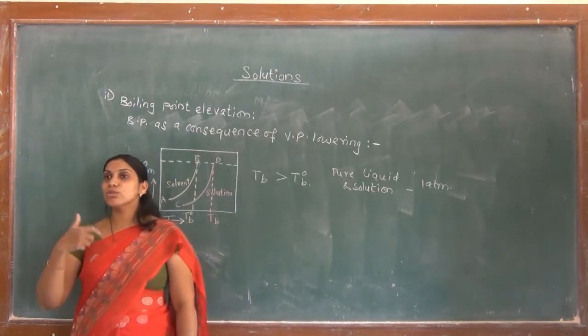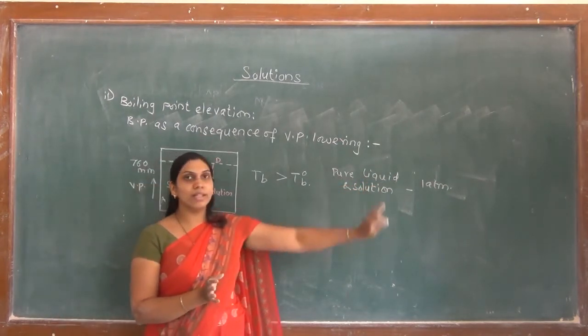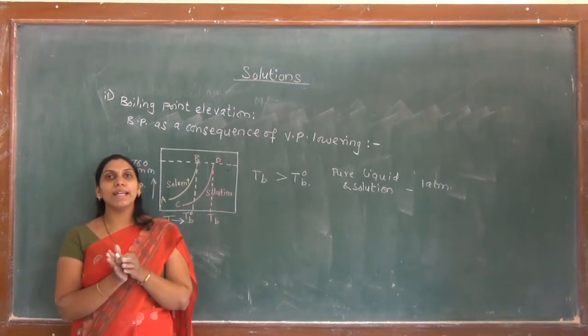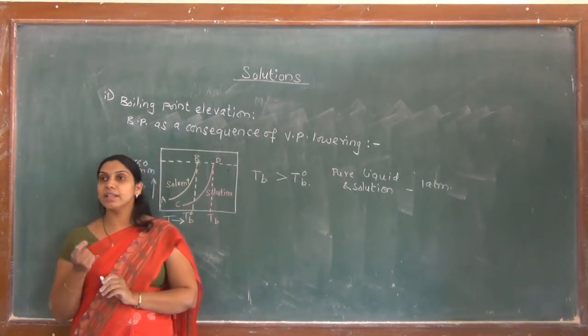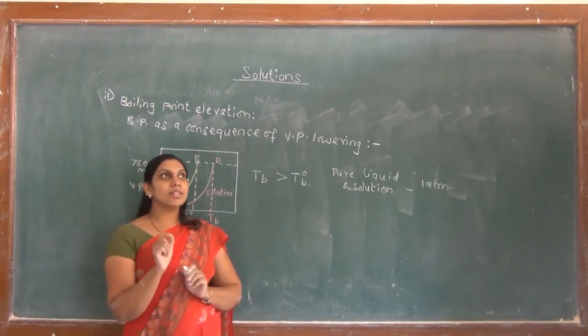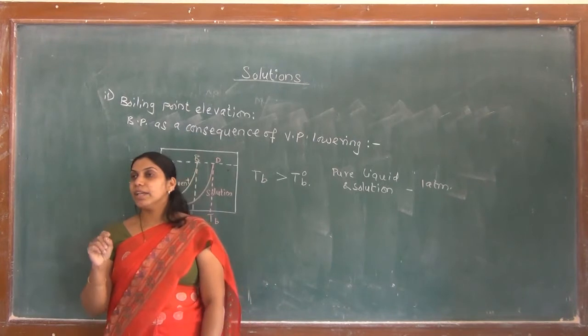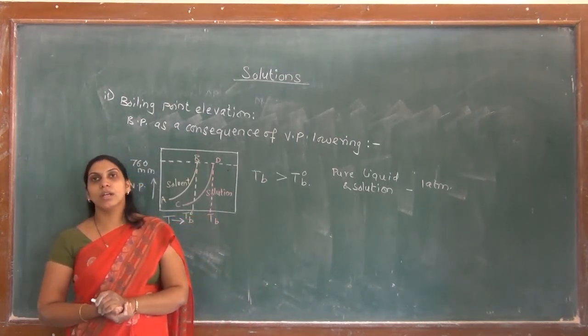And as the solution is heated more than the pure solvent, there will be an increase in the boiling point of the solution. I will repeat it again. Consider a pure solvent and a solution, and we have to find out the boiling points of these two liquids.